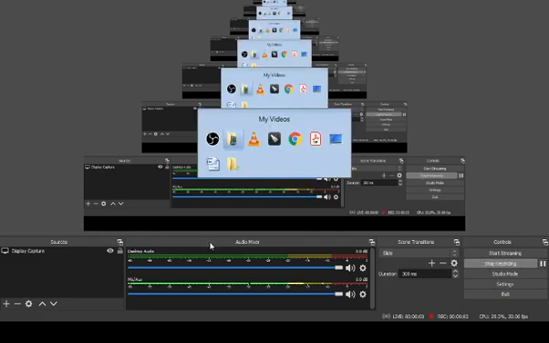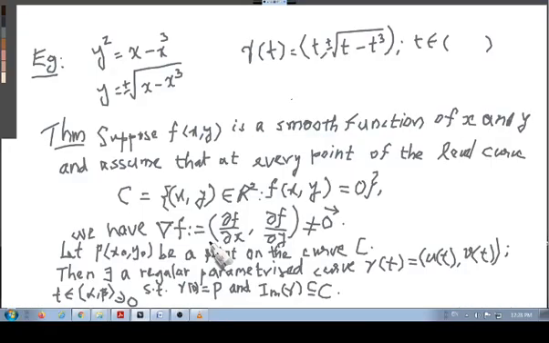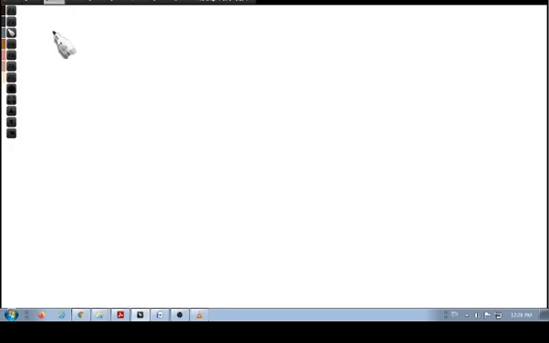So we will go to the proof of this theorem. Under what conditions can a level curve be parametrized? The theorem we have already stated. Proof.